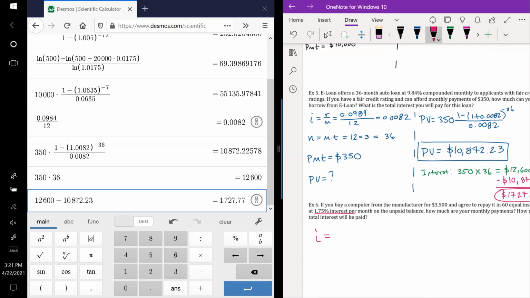So this means our interest rate is 0.0175. And then they also figured out N for us. So N is the amount of times we're going to make this payment. So we agreed to repay this computer in 60 equal installments. So N is just 60.